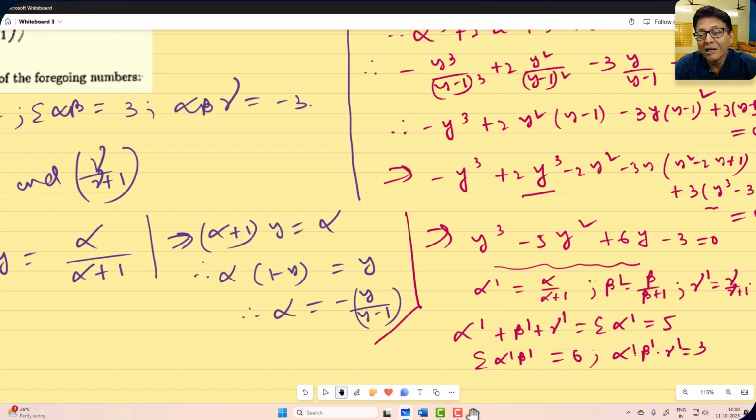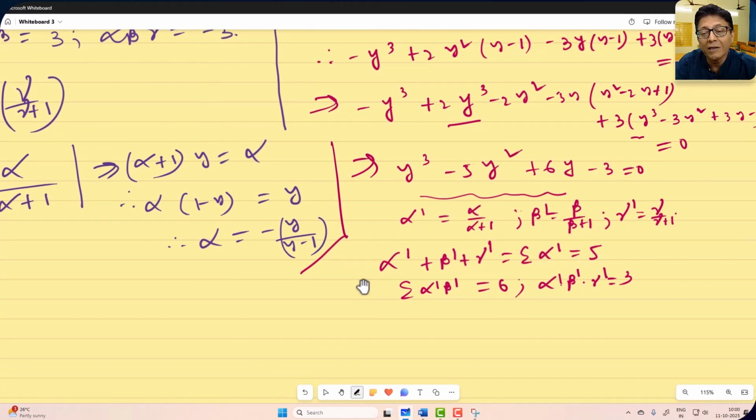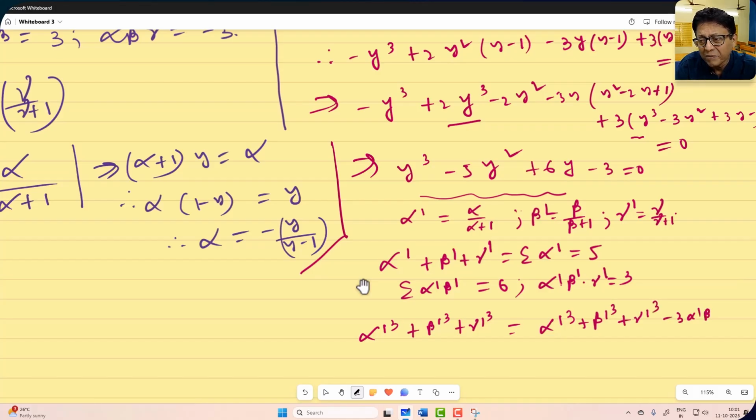You are going to find the value of alpha dashed cube plus beta dashed cube plus gamma dashed cube, which is nothing but alpha dashed cube plus beta dashed cube plus gamma dashed cube minus 3 alpha dashed beta dashed gamma dashed, plus 3 alpha dashed beta dashed gamma dashed.